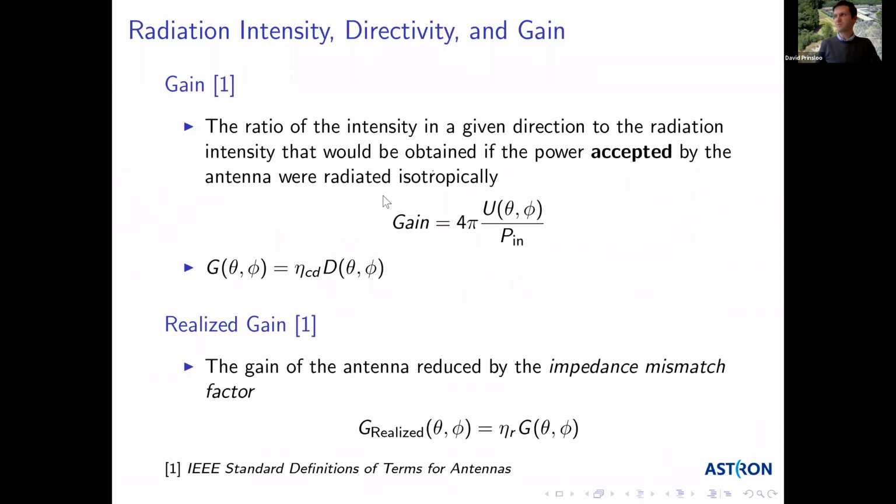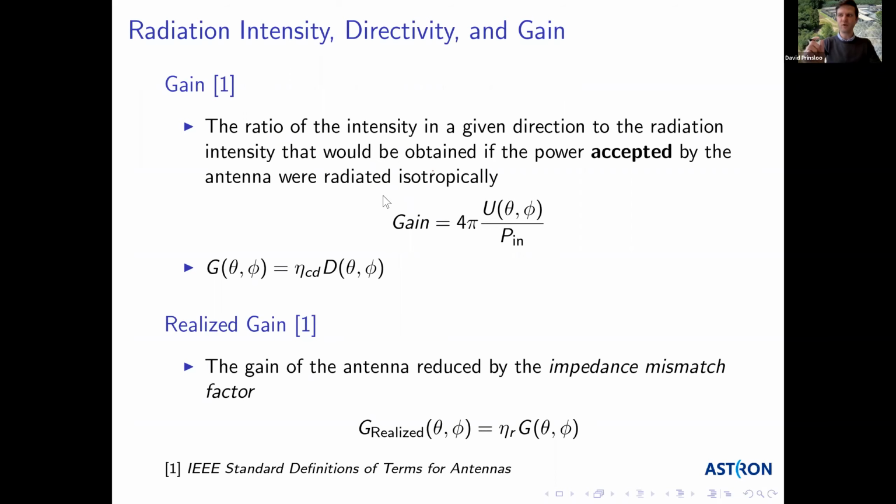Moving to our next definition, the gain. So we have now defined directivity, and we go on to the following one, which is often used as well, the gain of the antenna. If we look at that definition, again I'm just using the IEEE definitions, it's the ratio of the radiation intensity in a given direction to the radiation intensity that would be obtained if the power accepted by the antenna were radiated isotropically.